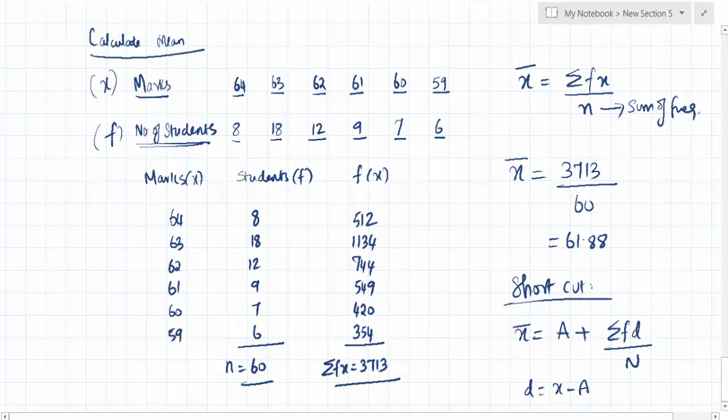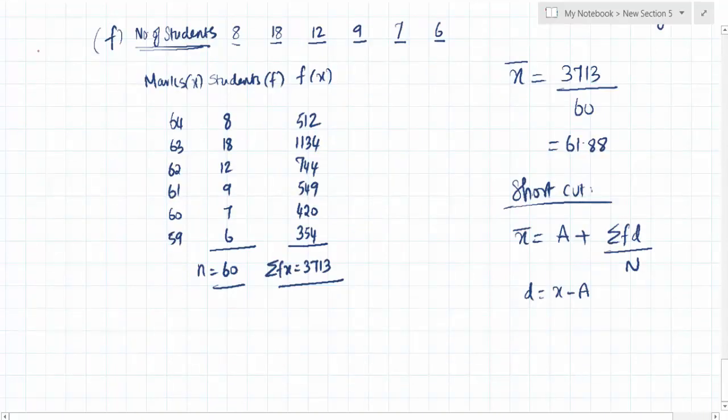So what we'll do here is try to find out d, and then we'll try to find out fd, then we'll sum them. So to start with, we have to find out d. D is nothing but x minus a. You have to pick an arbitrary number, that is a, and it can be from x. Let's say I'm going to pick this number 62 as a. So d is nothing but x minus 62.